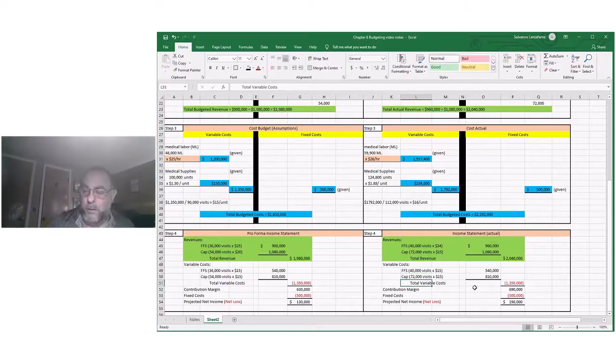So that's going to give us 640 and 1,152,000. The fixed costs remain the same.